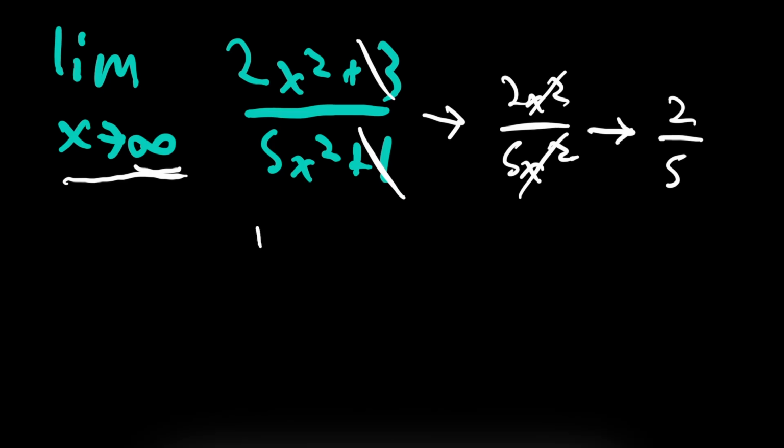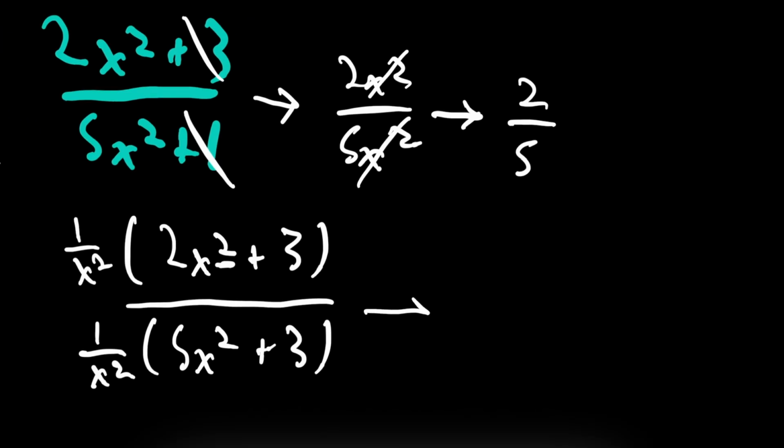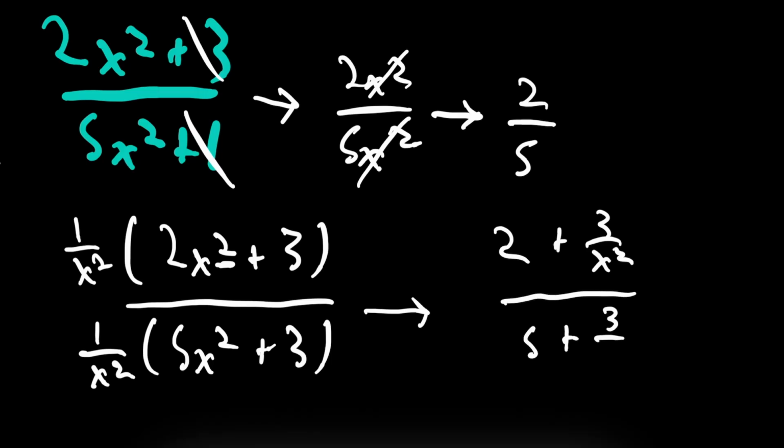So what you can do is multiply both the top expression and the bottom expression by whatever the highest degree term here is. It's more interesting once you get to square roots and whatnot, but you can multiply all these terms by 1 over x squared, and you end up getting 2 plus 3 over x squared over 5 plus 1 over x squared.